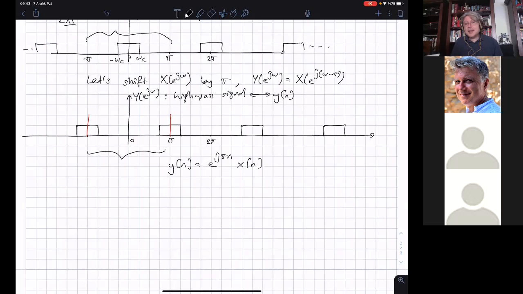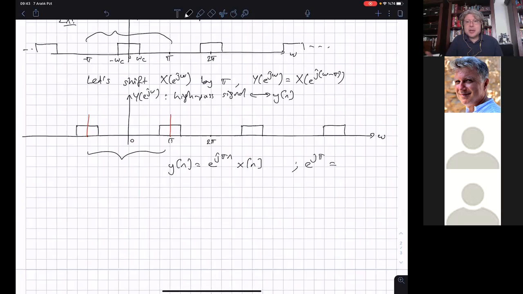The critical thing here is e to the j pi n, which is the result of shifting by pi in the frequency domain, is an easy signal, because e to the j pi is an easy signal. What is e to the j pi? Do you remember?